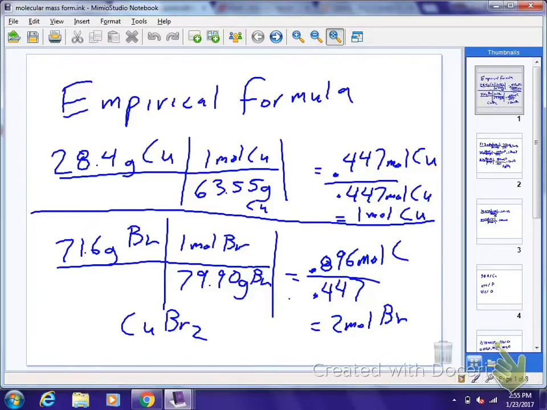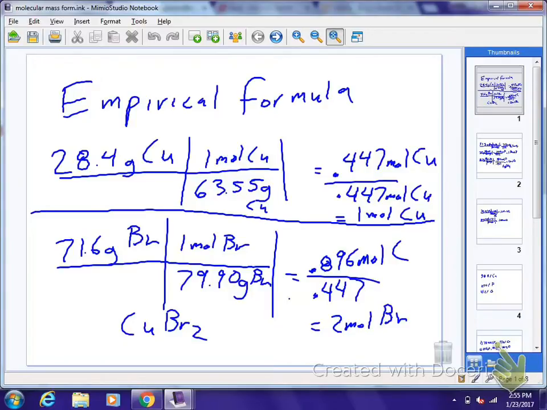Any questions you have? Just a review, because I know you did this in class, 2 days off, then come back. All we're doing is finding the simplest ratio based upon the weights that we have and the percentages we have. So we take the mass, we find moles, we compare the moles.